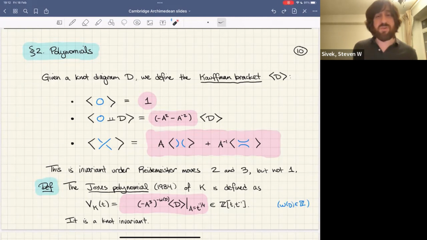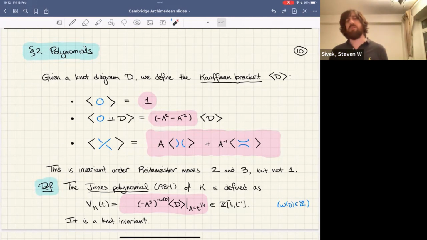There's a question: are there interesting results about the roots of the Jones polynomial? I think the answer is yes, but I don't know what they are. There are people who think about things like that, and I'm just not enough of an expert to say. But there are questions about what happens when you specialize the Jones polynomial at roots of unity, for example.